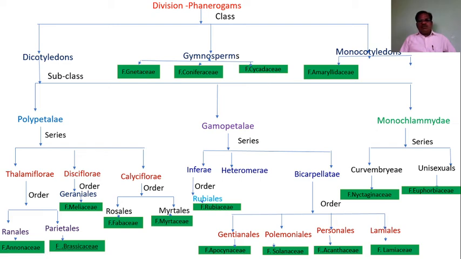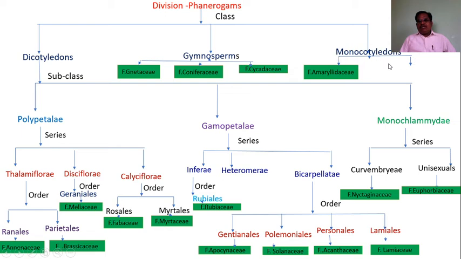Then Monocotyledons. Monocotyledons means a single cotyledon in the seed, just like I told you. Plants with a single cotyledon, parallel venation in the leaves, adventitious root system, stem without branching, and root, stem and leaves properly developed.